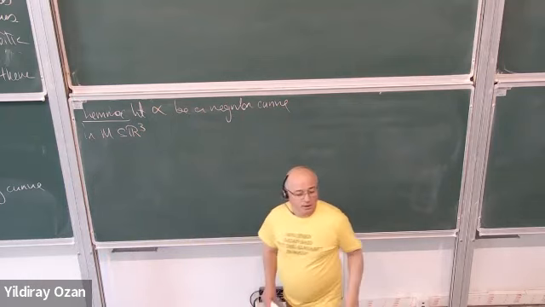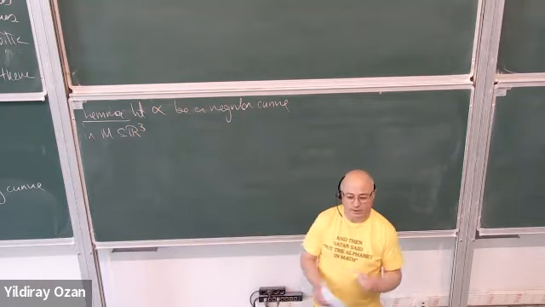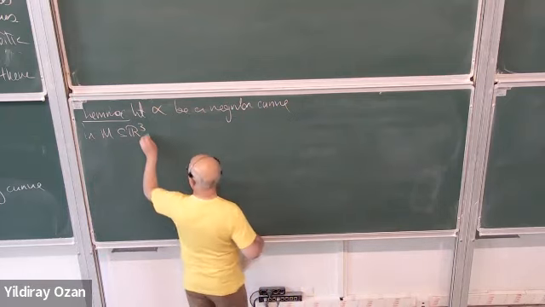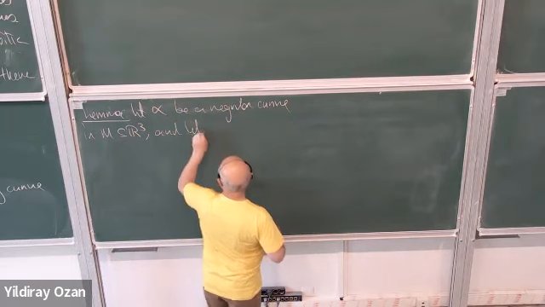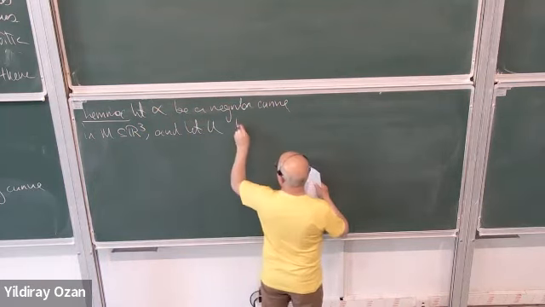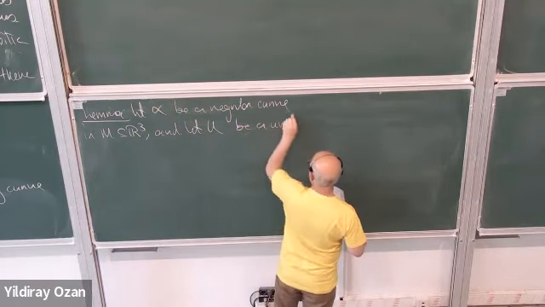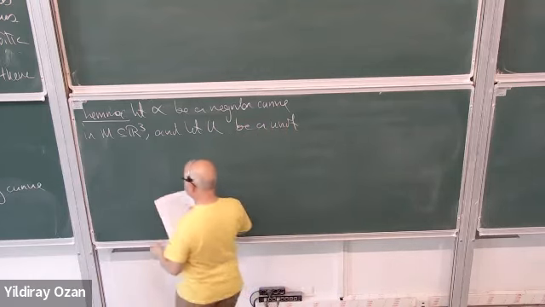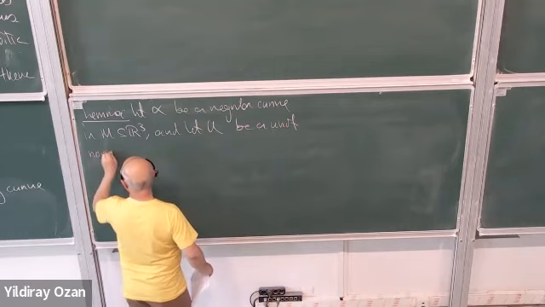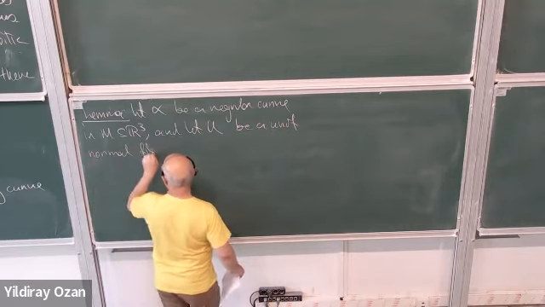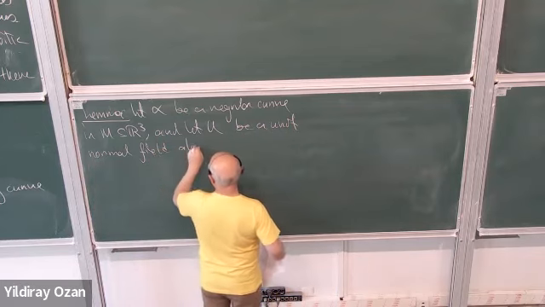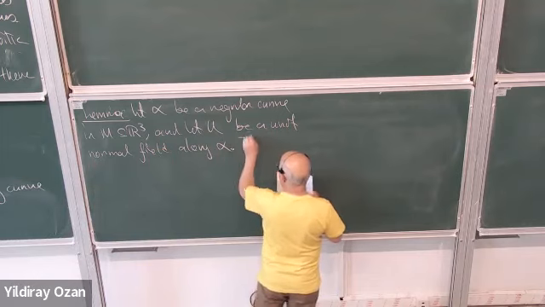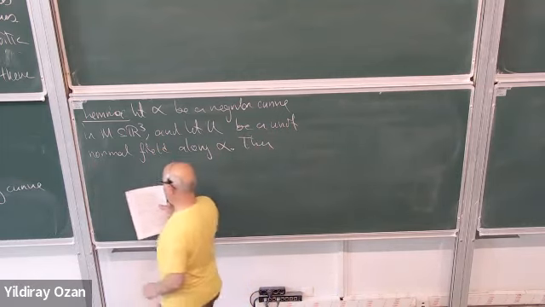Regular means the tangent velocity vector is never zero. So speed is never zero. And let U be a unit normal field along alpha. Then we have the following statements.